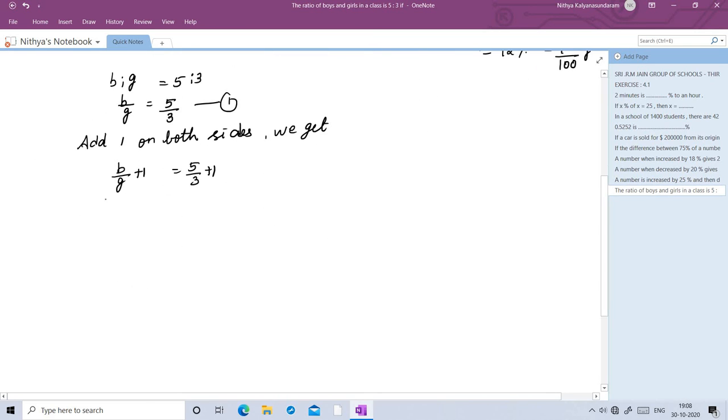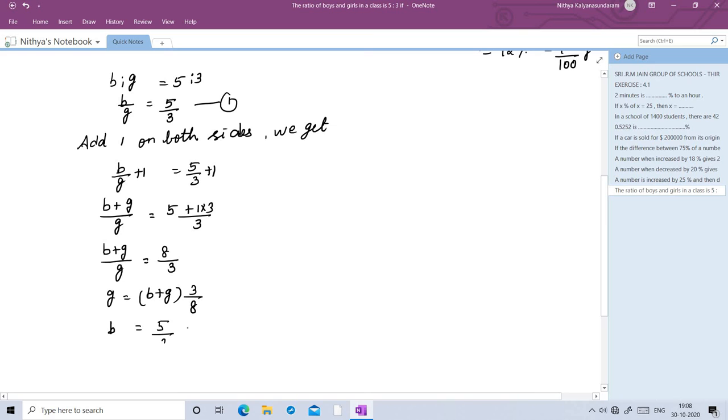So multiply 1 into G, G by G, it's equal to 5 plus 1 into 3 by 3. So B plus G by G is equal to 8/3. So calculate the G value. So G is equal to B plus G, this 3, if you are going that side, multiply. So 3/8. Similarly, the B value is 5/8.